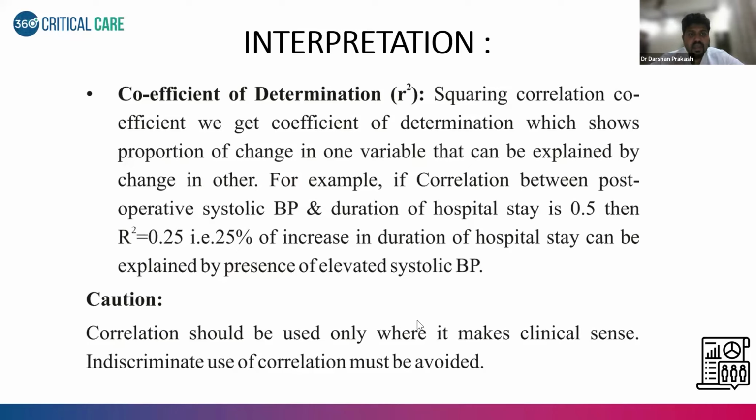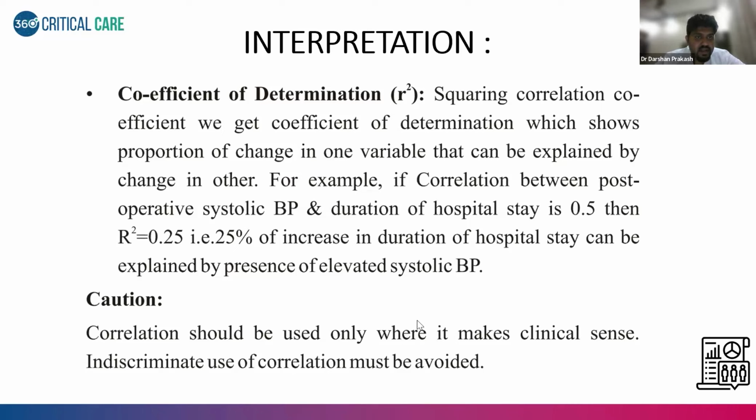For example, let us take post-operative systolic BP and the duration of hospital stay in a patient, with a correlation of around 0.5. What will happen to the R square? The two variables here are post-operative systolic BP and the duration of hospital stay. The linear relation we are looking at is 0.5, the coefficient of correlation.